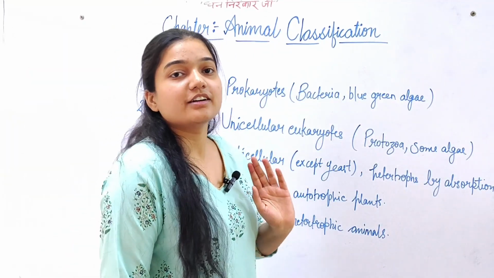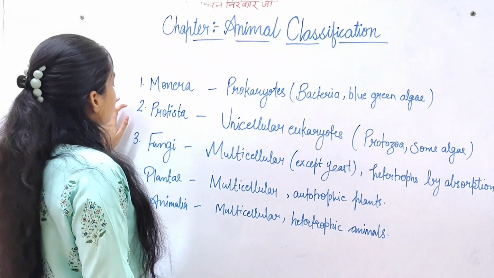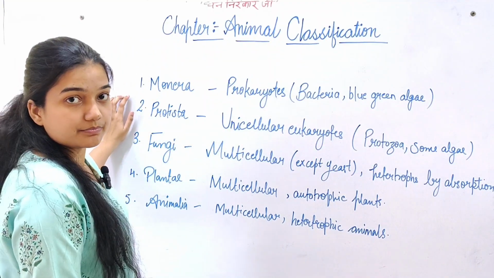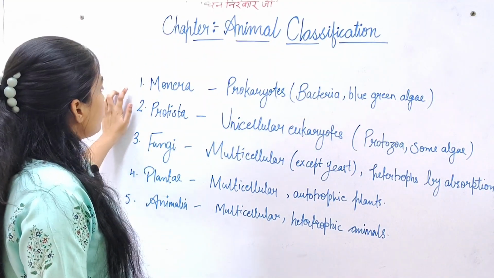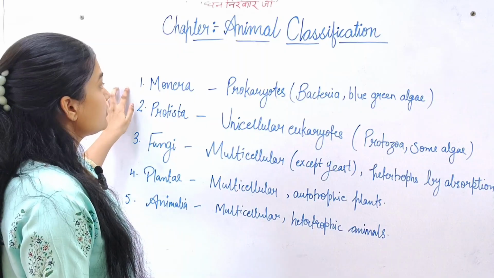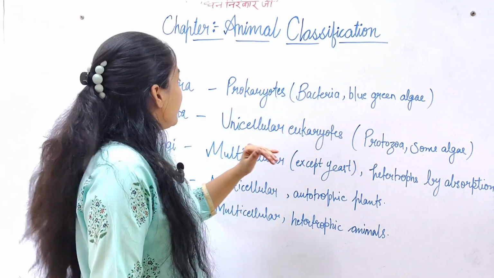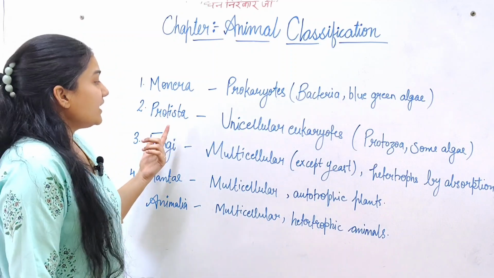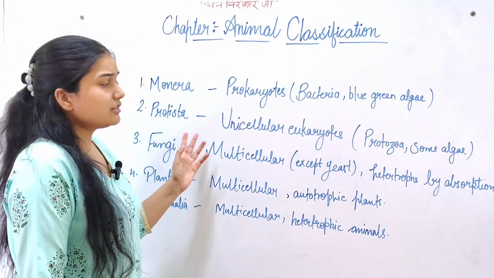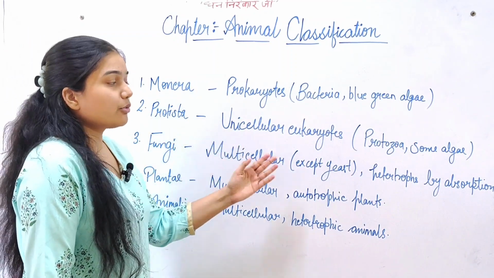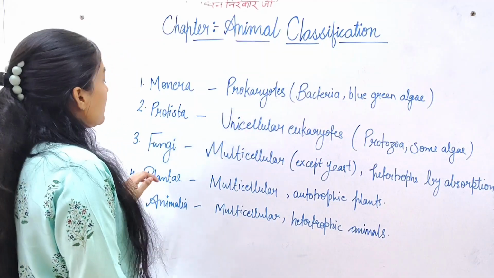R.H. Whittaker classified the five kingdoms. First one is Monera, which is prokaryotes like bacteria and blue green algae. Second kingdom is Protista, which is unicellular eukaryotes, protozoa and some algae.